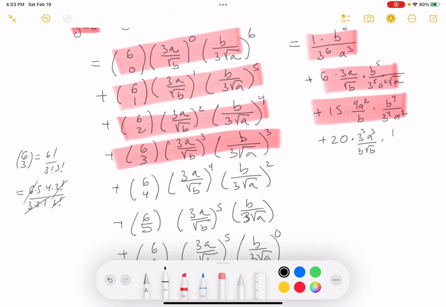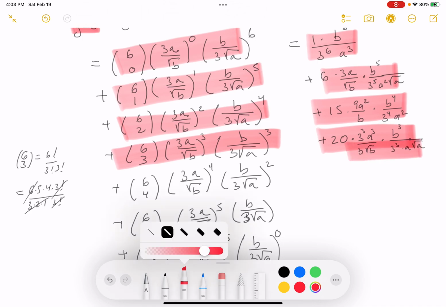What do you get on top? b cubed, and that next factor would be 3 cubed, and then you get a root a. Again, we're not simplifying. I'm just writing down the expansion for you to get the idea what the pattern is.